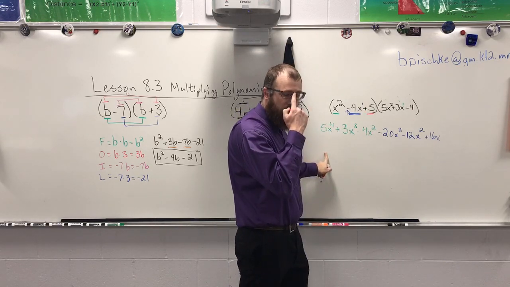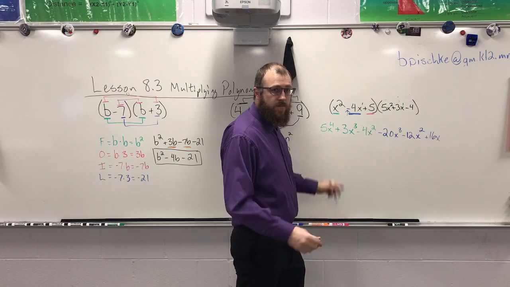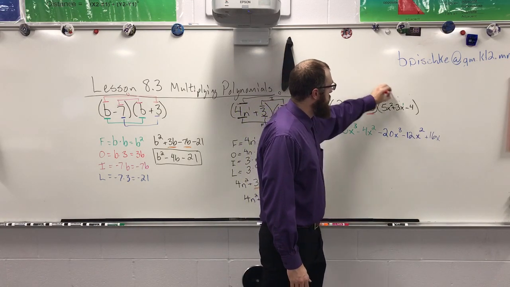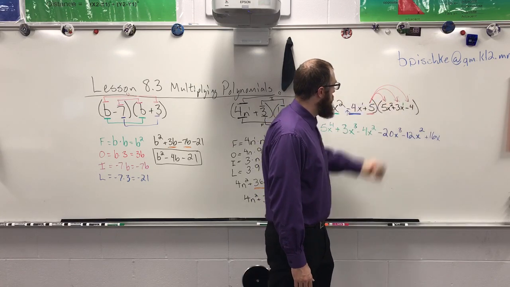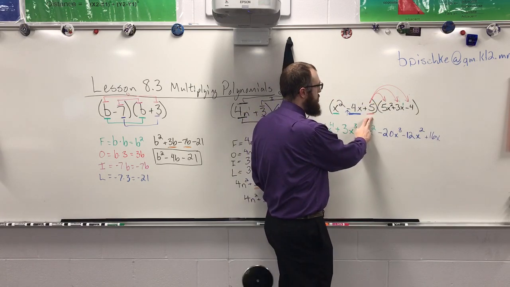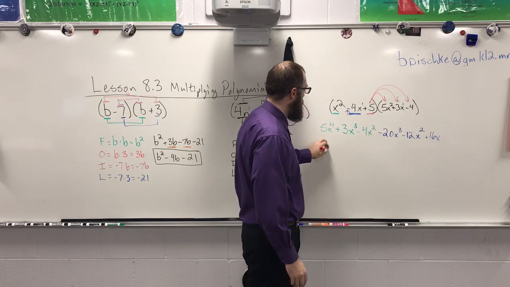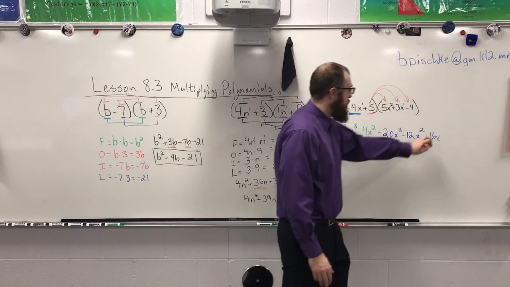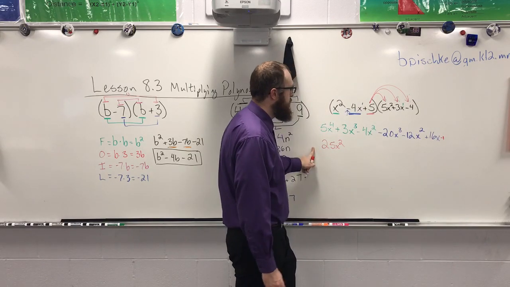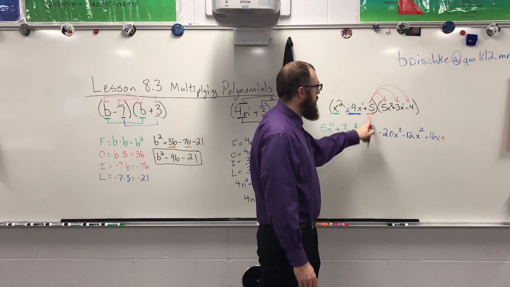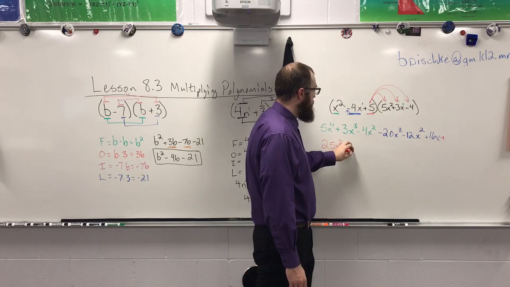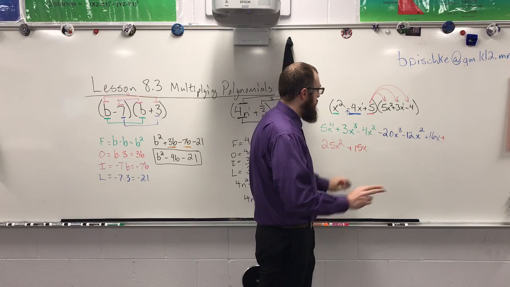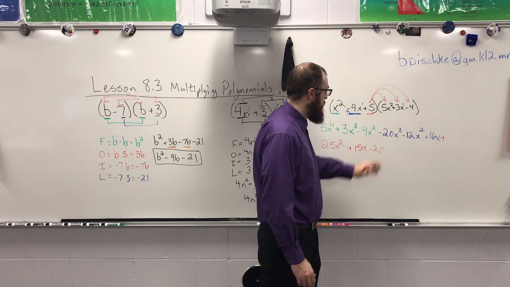I'm going to use the second row on my problem here, just because I've run out of space going out. 5 times 5x squared is 25x squared. There's a plus in between here and there. 5 times 3x, 5 times 3 is 15x. And 5 times -4 is -20.